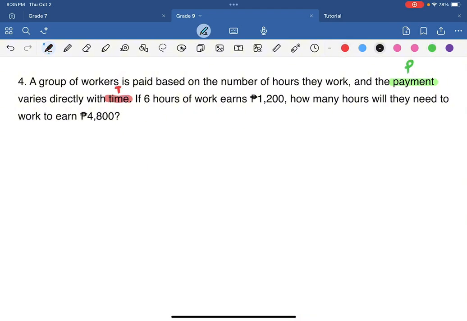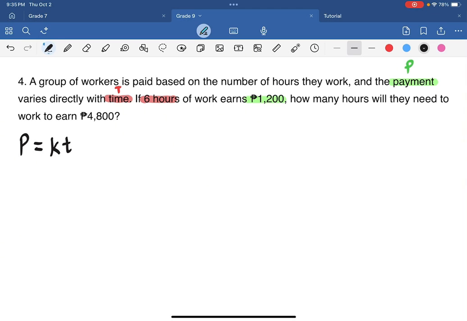So based on this, we could write P is equal to KT. And the given value here for time is 6 hours, and for the payment or salary or earning is 1,200. So all we need to do is to substitute the values.